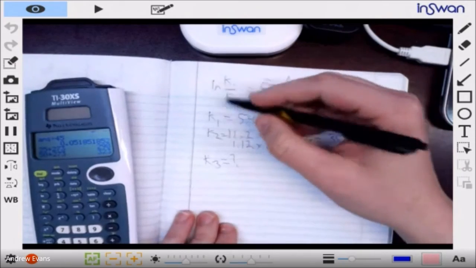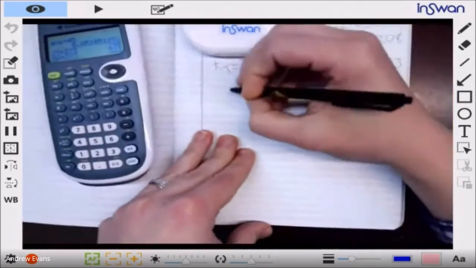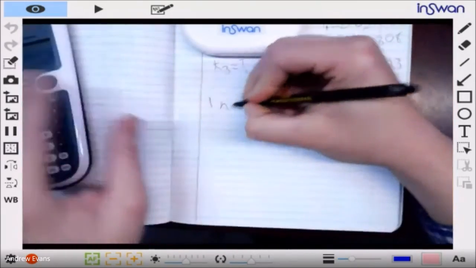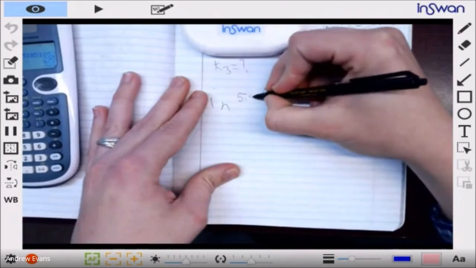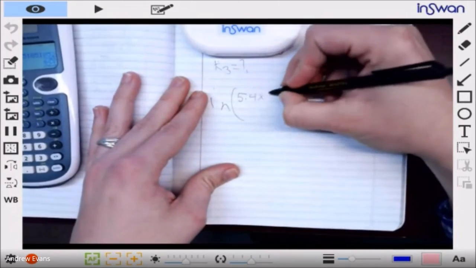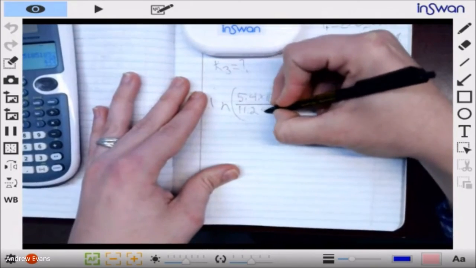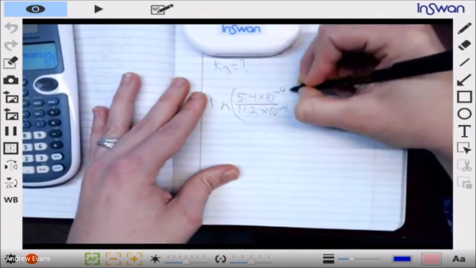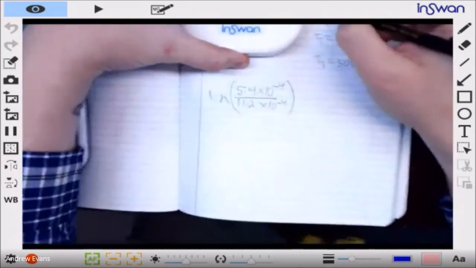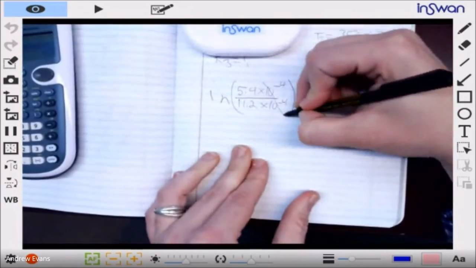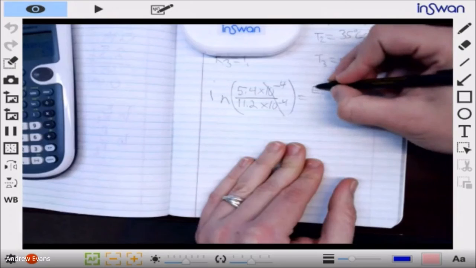Now, ln of 5.4 times 10 to the negative 4th over 11.2 times 10 to the negative 4th. That's going to make things a little bit more convenient. Why? Because the 10 to the negative 4th and 10 to the negative 4th can cancel.